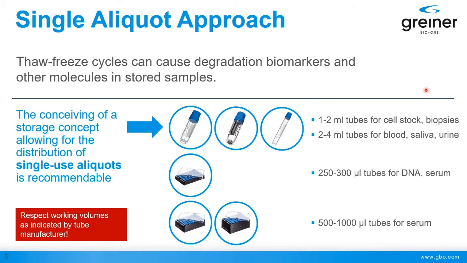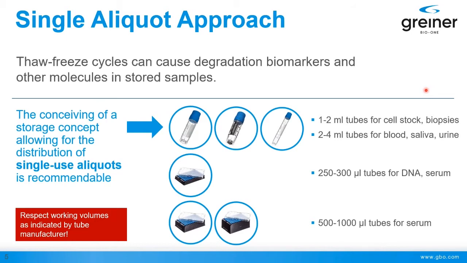Because what will simply happen, and we have a lot of literature today and a lot of findings that substantiate this hypothesis, is that your biomarkers will degrade. And today we know that just one thaw freeze cycle too much may already destroy your samples. So the conclusion is, again, you have a biobanking approach, you think about your intended project and also your fit for purpose samples.